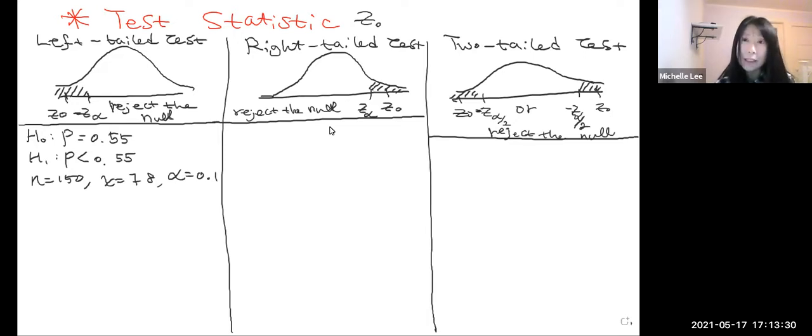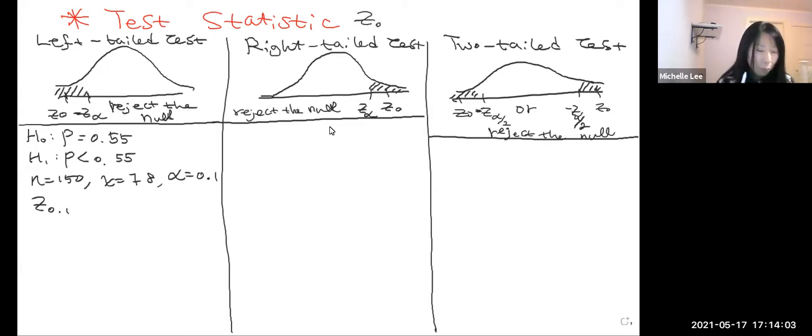Let's find what is z sub alpha. So z sub alpha, which is 0.1. If you watch the video titled z sub alpha, I said the parenthesis inverse norm, because if you are using a TI-83/84 calculator, it has a feature named inverse norm.